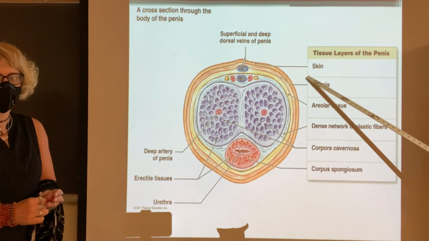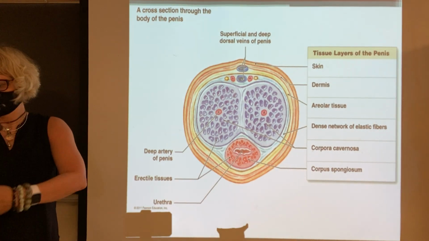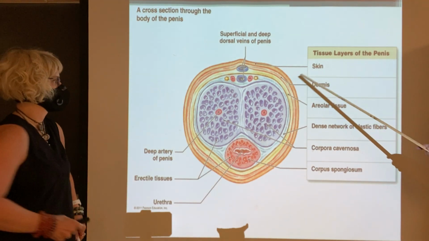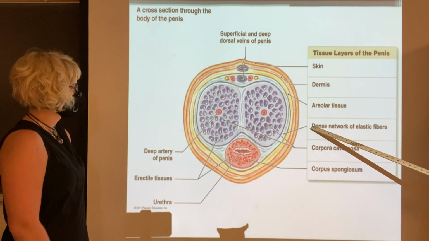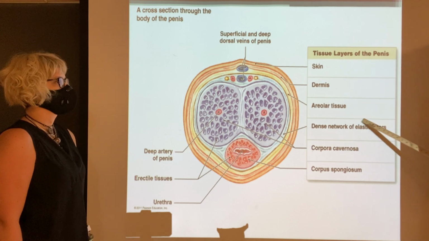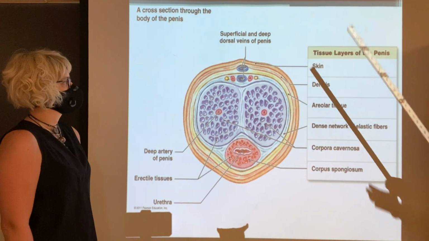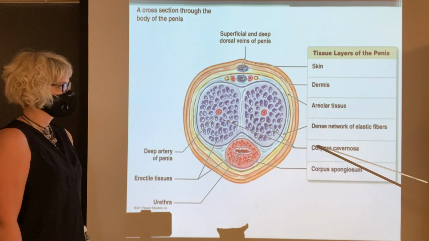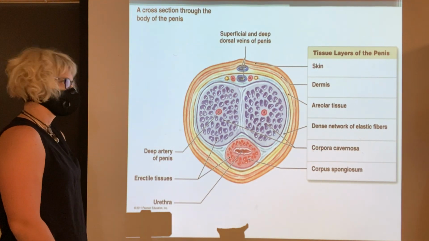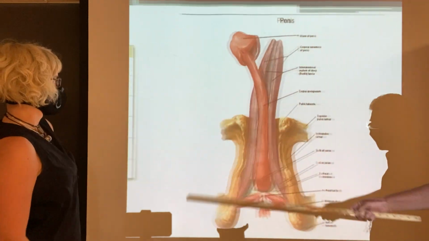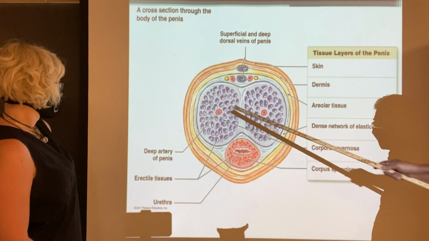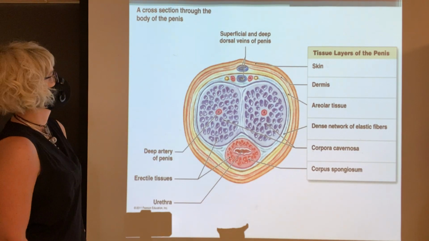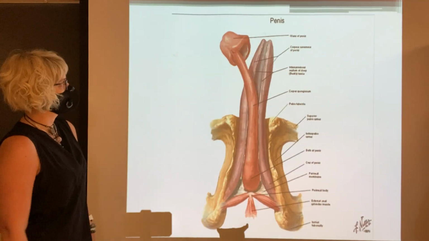Here we see the layers, the skin, the dermis, etc. Not that we're going to be looking at that, but the bottom line is we see that network of elastic tissues that allows for the expansion of the erectile tissues. The deep arteries I wanted to just reiterate. Okay, next slide.